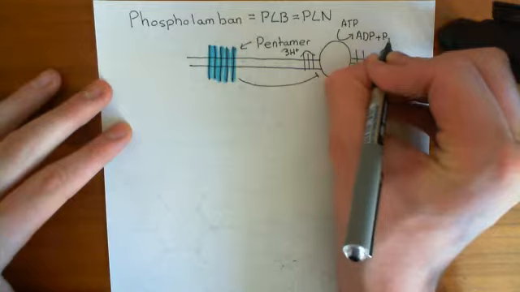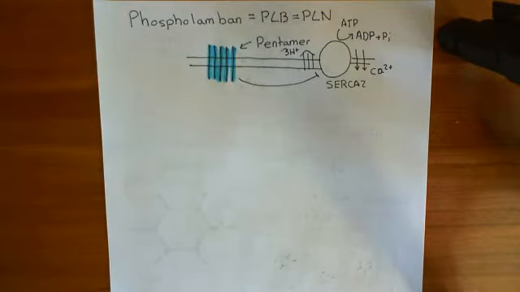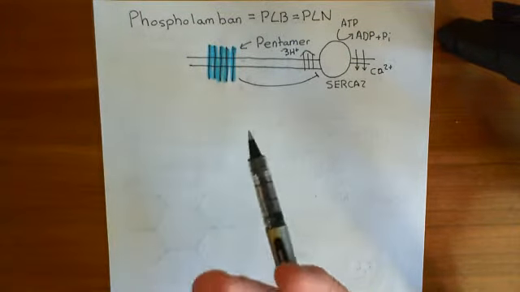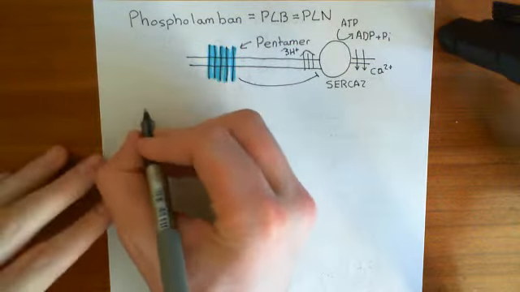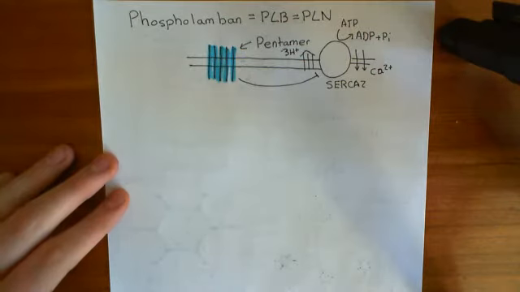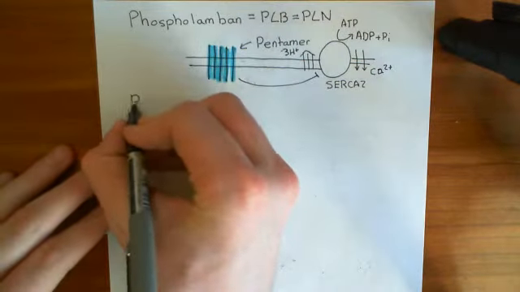Right, okay, so we know that SERCA2's function is too low in concentrically hypertrophied cardiomyocytes. So we might guess that maybe phospholamban activity is too high. And indeed what you find is that that is the case. In concentrically hypertrophied cardiomyocytes, you have far too much phospholamban.